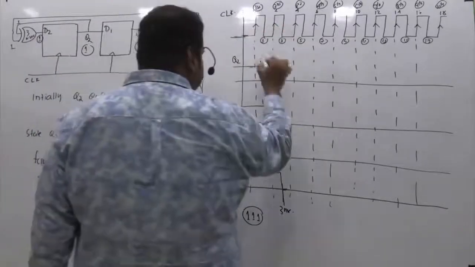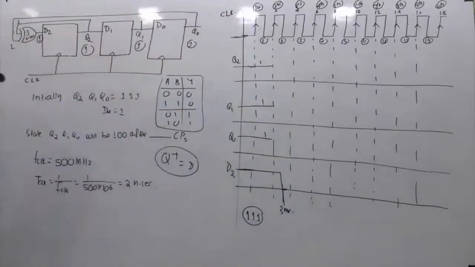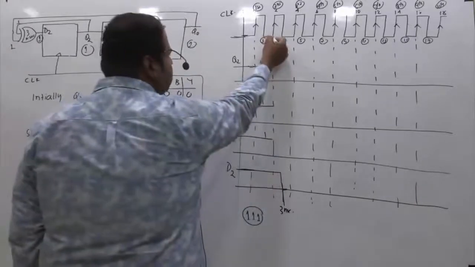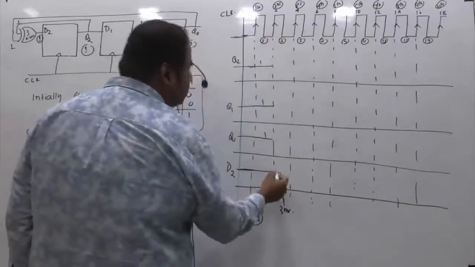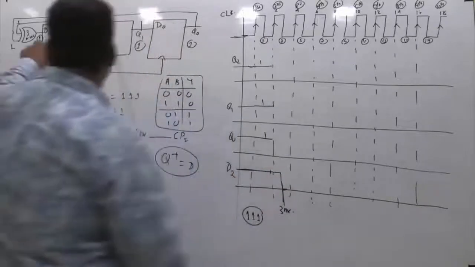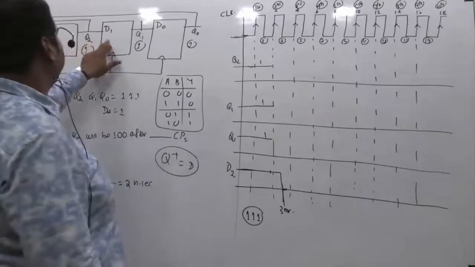Now again I'll ask you, what is the input to D2, D1 and D0? See, D2 will be here, right? So we are speaking about just before the second clock, that is here. So here if you see, D2 is 1. But what about D1 and D0?